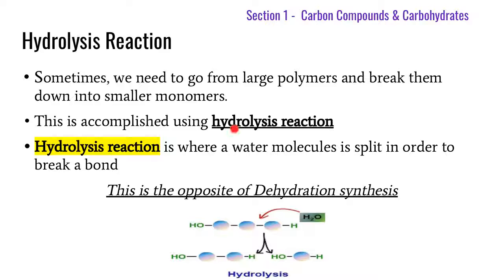So a hydrolysis reaction is the opposite of a dehydration synthesis reaction. We can see here I'm starting with a polymer. I'm going to add water, and I'm going to split that water in half. And when I do, I'm going to break this whole structure into one monomer and one dimer.